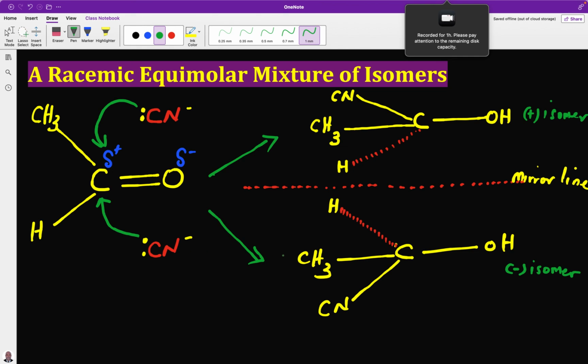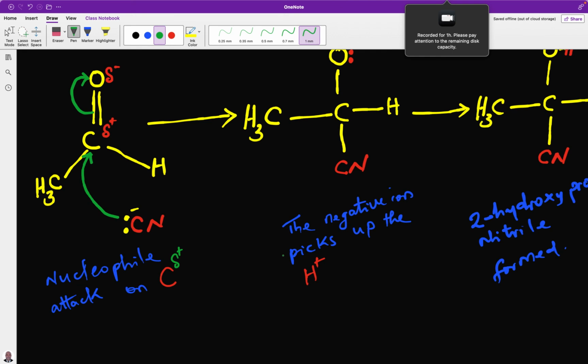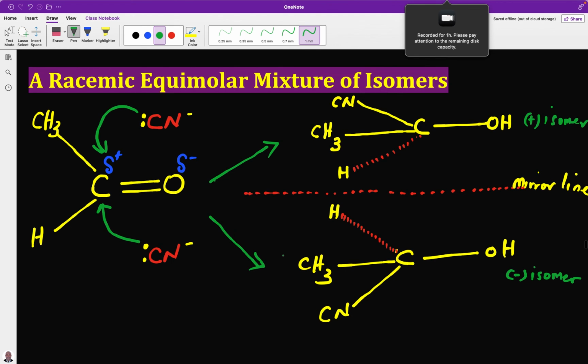Once more, I am saying that in such a reaction, because the ethanal is unsymmetrical and it has a trigonal planar shape, the cyanide ion has equal chance of attacking it from above and below the plane of the molecule. So if we rotate the molecule in this form, the cyanide ion has that opportunity of attacking it from below and from above.